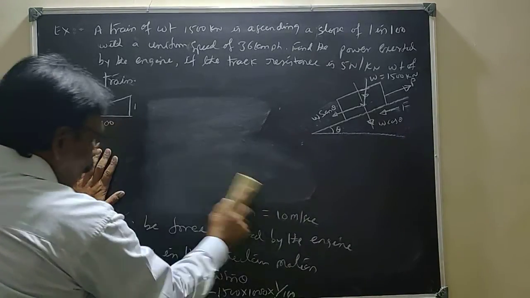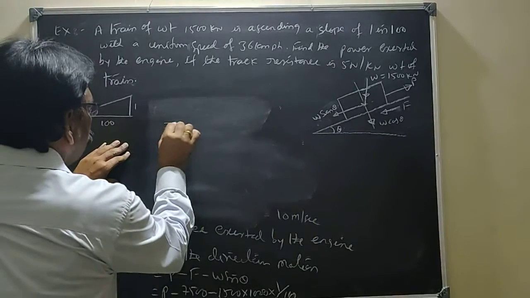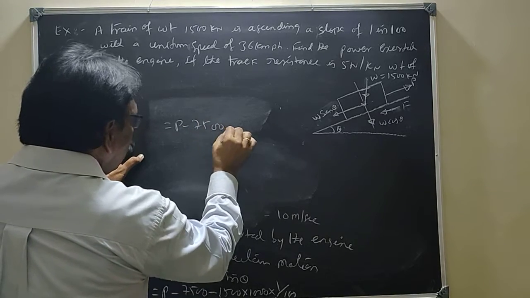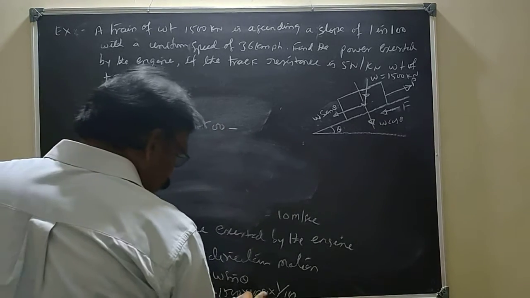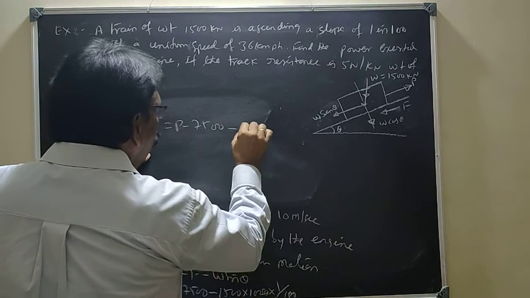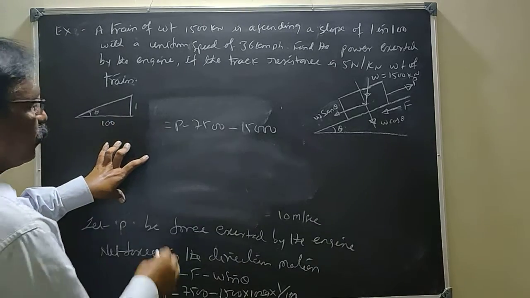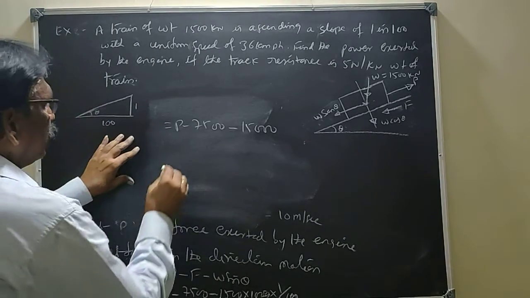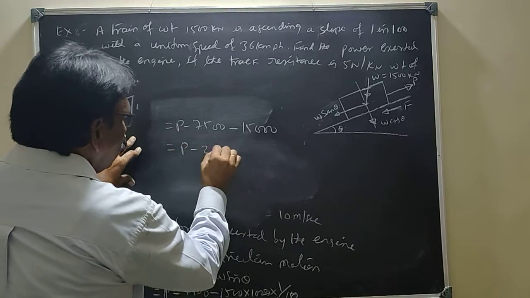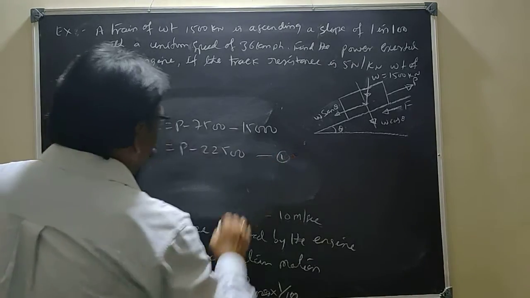On simplification you will get P minus 7500 minus 15,000, that is P minus 22,500. So let it be 1.